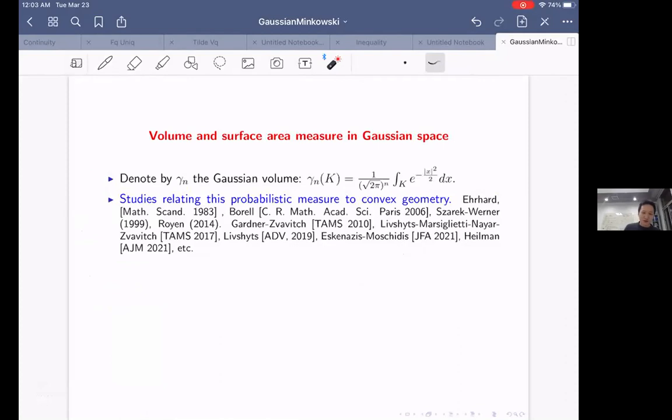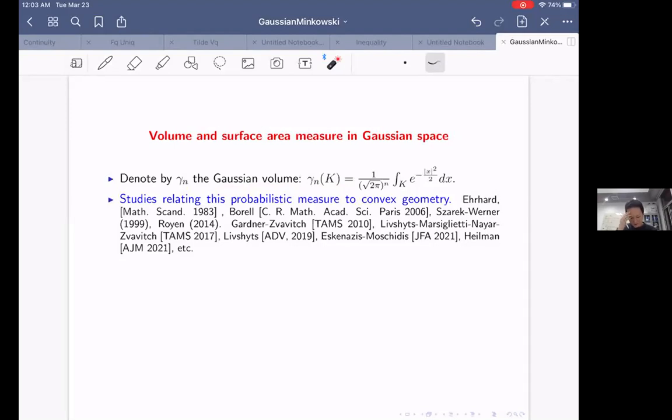So we can try to find other, maybe interesting, geometric measures. And we will focus on the Gaussian measure, and we will say the Gaussian measure of a convex body to be the Gaussian volume. And actually, the study of this measure in convex geometry has many related studies.